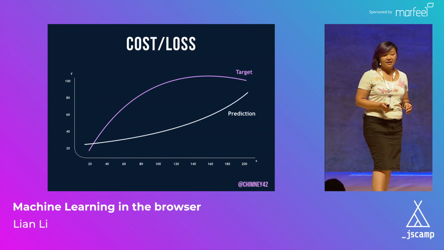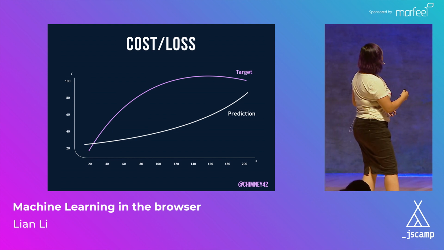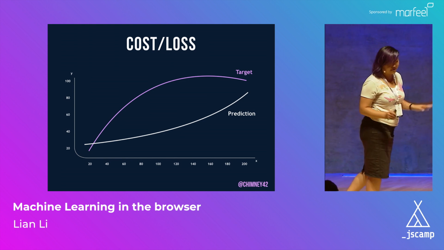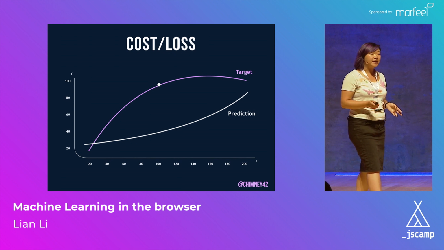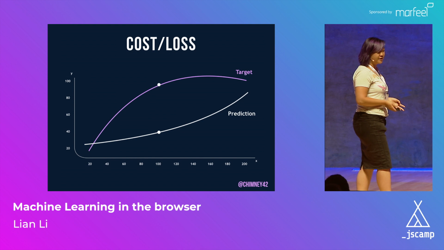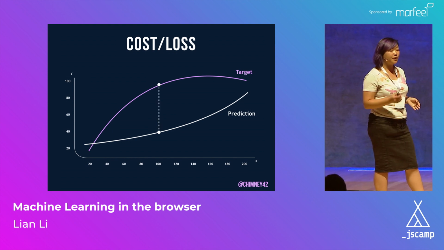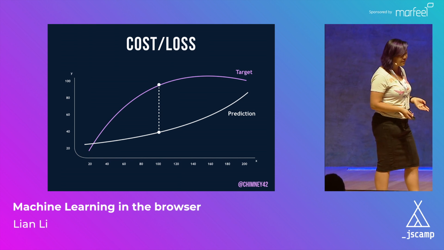So let's say that we have this as a prediction. So this is what we want to get, this is what we actually get, and this is not the same, right? This is not the same line. So when we look at one individual data point, like for example, when x is 100, the difference between those two, between what we want and what we have, that is the cost or the loss.